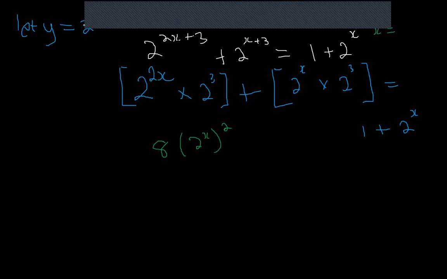If I let y equal to 2 to the power of x, I know for sure I'm going to have a substitution here, right? But like I said, as you practice, it'll come easier to you. 2 cubed, that's also 8. And then we have 2 to the power of x. And this is equal to 1 plus 2 to the power of x.